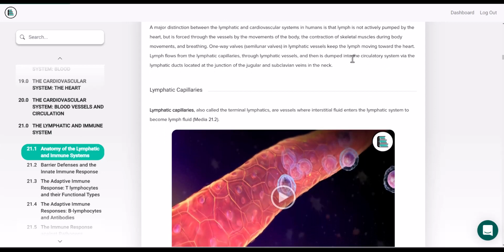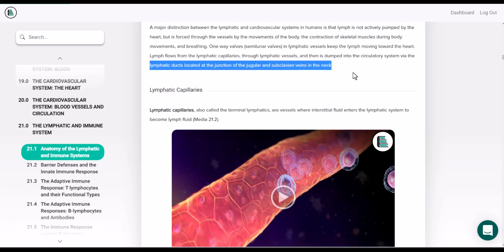And again, you'll see this in the diagram, but the lymphatic vessels all lead back to the lymphatic ducts located where the jugular vein and the subclavian veins come together up in the cervical region.